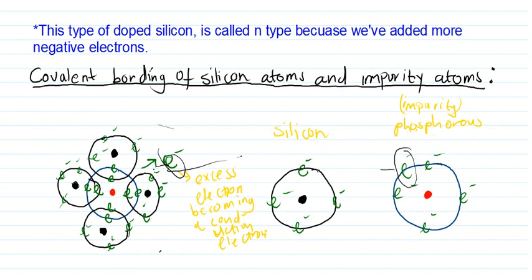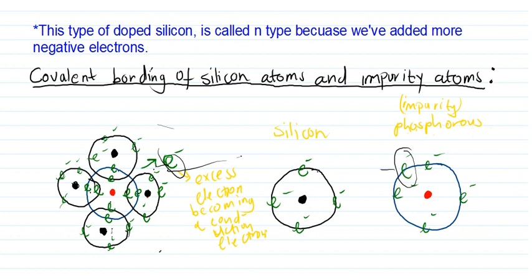As you can see, 1, 2, 1, 2, 1, 2, 1, 2. Each one of these, the four are from the silicon atom, and the other four are from the phosphorus atom.